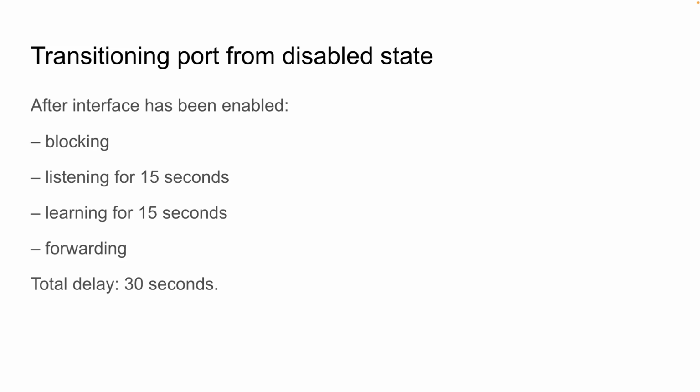But if the switch decides that this port must be promoted eventually to the forwarding state, then the port is promoted first to learning state, where it spends another 15 seconds learning MAC addresses but not forwarding frames, and then is promoted to the forwarding state. So in this case, we have a total delay of 30 seconds, twice the forward delay timer.